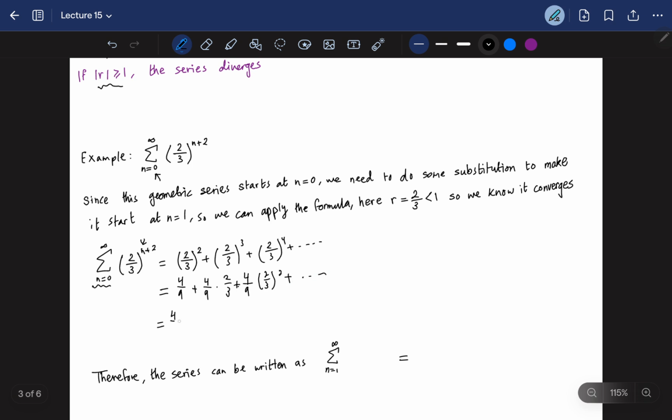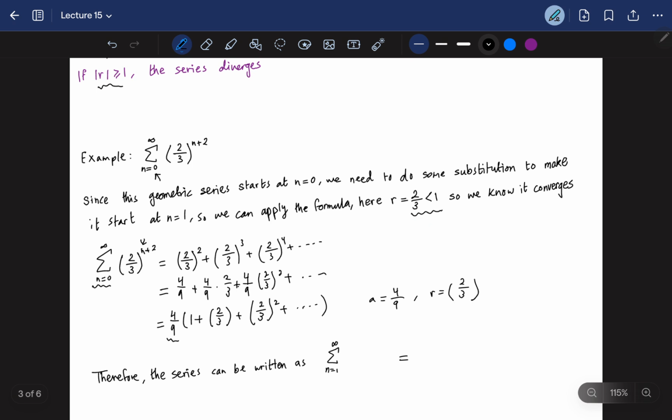If you take 4 over 9 as a common factor, you're going to get 1 plus 2 over 3 plus 2 over 3 squared, and so on. So now you can think about this 4 over 9 as your a. So here, a is going to be 4 over 9, and your ratio is going to be 2 over 3.